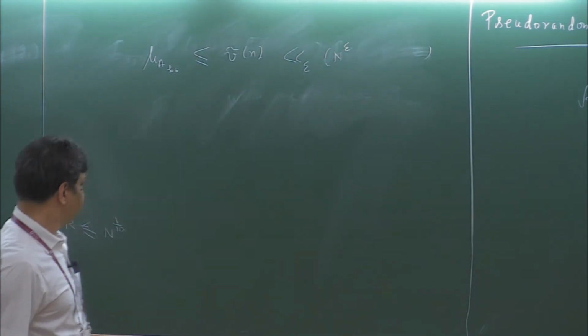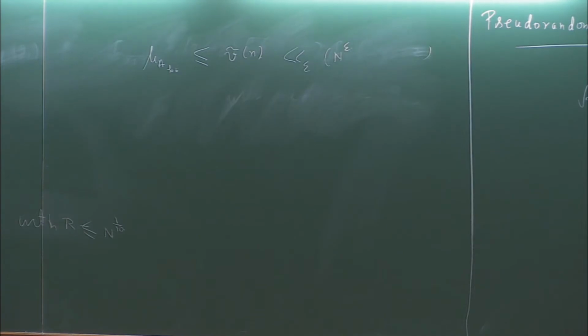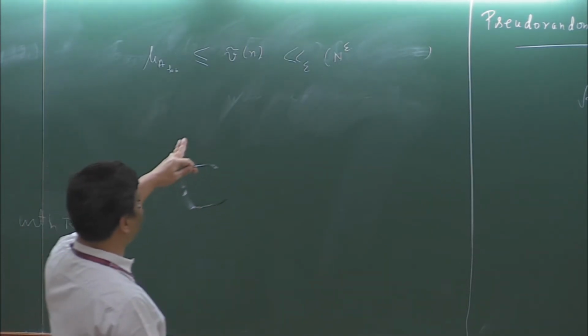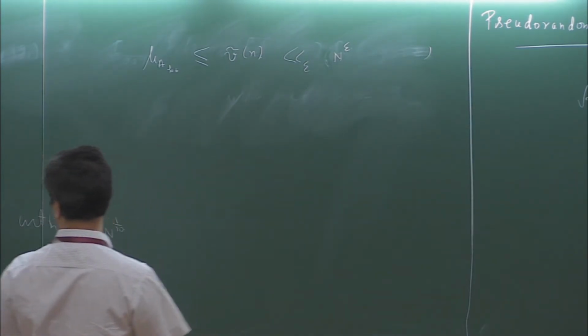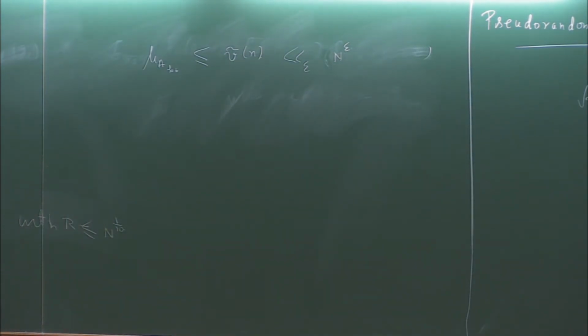These factors are not more than n to the epsilon, and this is at most the number of divisors, because I will choose my rho such that it is bounded by an absolute constant 1, which will ensure that v tilde n is also bounded by the number of divisors of Wn + b times a log n factor.